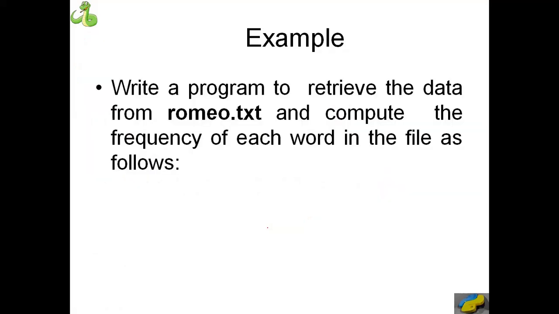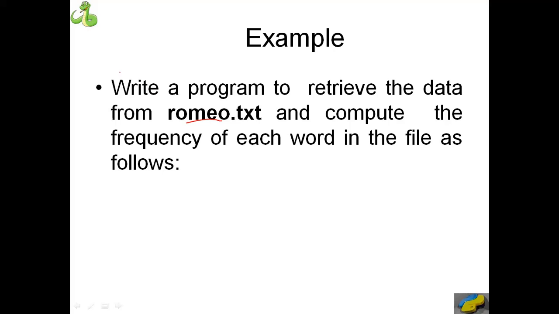Okay, next, they may ask you something like this in the program. They may tell you to write a program to retrieve the data from romeo.txt and compute the frequency of each word in the file as follows. Okay, so you understood the problem definition. Say if this is the file, I have to tell the frequency of each word.